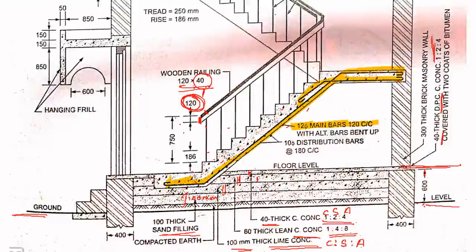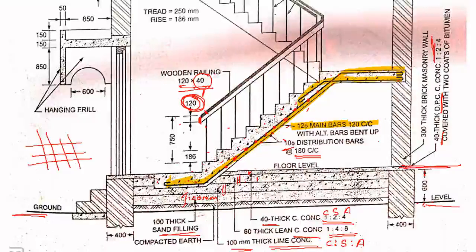Now, perpendicular to these main bars you will have distribution bars. See, the distribution bars are 10 mm diameter, at 180 mm center to center distance. If this is the main bars, this will be the distribution bars.